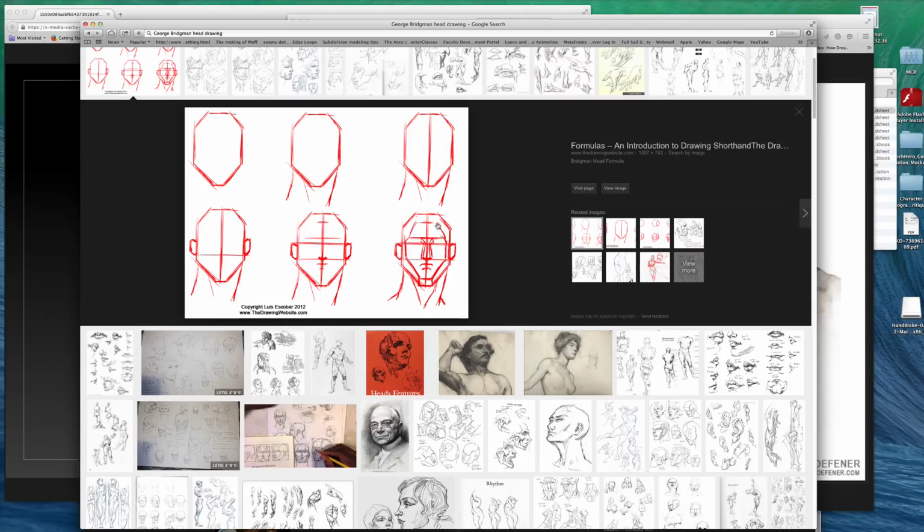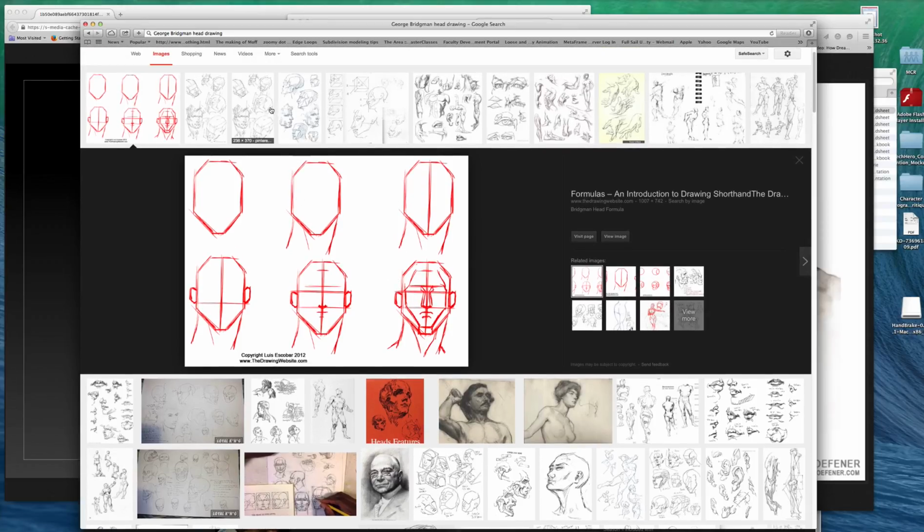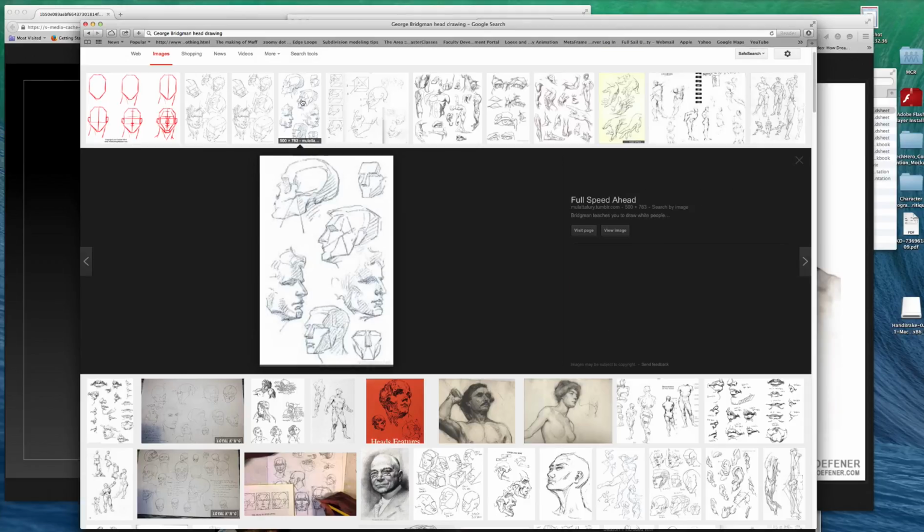Notice how the planes here and here taper in on the forehead, and the cheeks wind up being the widest part of the face, and then there's a taper down to the jaw, and then the back part of the jaw and the back part of the head, that winds up being that dynamic there. So these are the subtle plane changes that I think become important for you to look at. That's one way of looking at it. Then he has other drawings that you can look at from an anatomical approach with the skeleton.